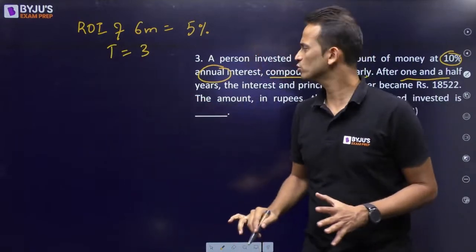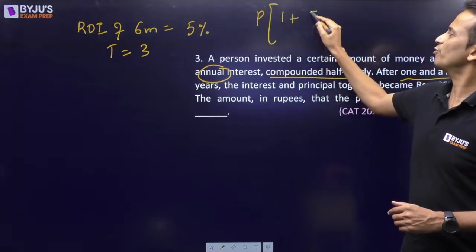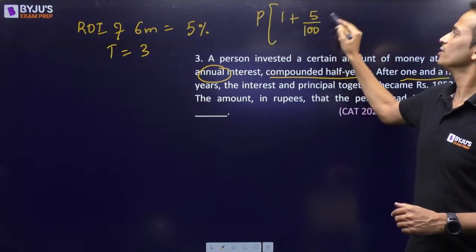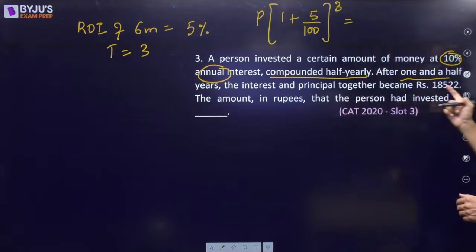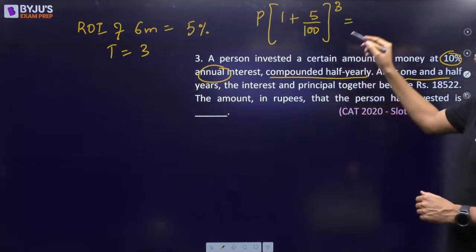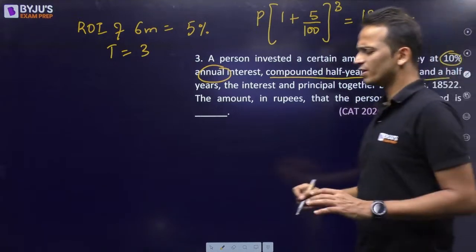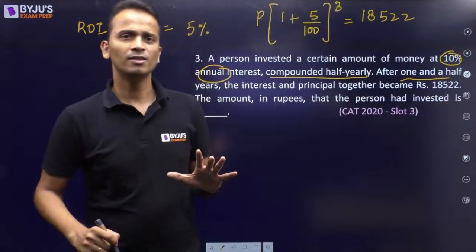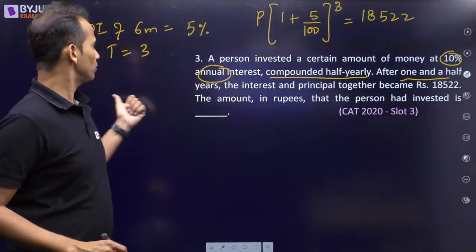So now we'll use the formula. Principal bracket 1 plus rate of interest divided by 100 raised to the power the time period is equal to the final amount, which is 18,522. Now इस expression को solve कर लेते हैं.